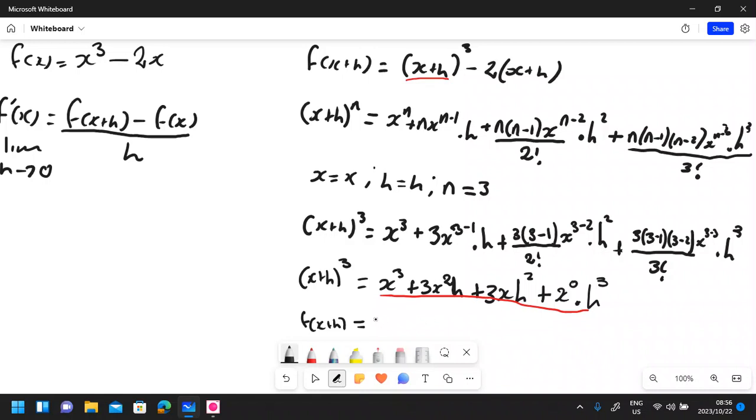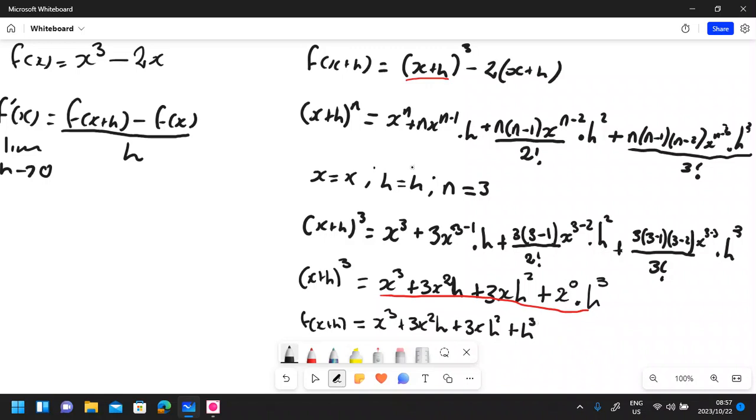So it's going to be x cubed plus 3x squared h plus 3x multiplied by h to the power of 2, and then plus, remember this x to the power of 0 is 1, multiplied by h to the power of 3, which is going to be h to the power of 3.